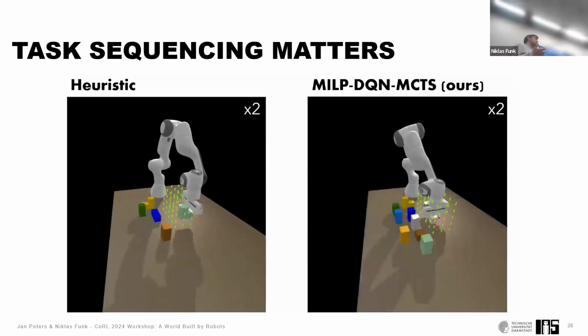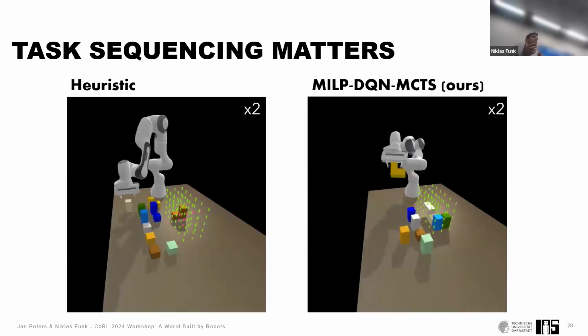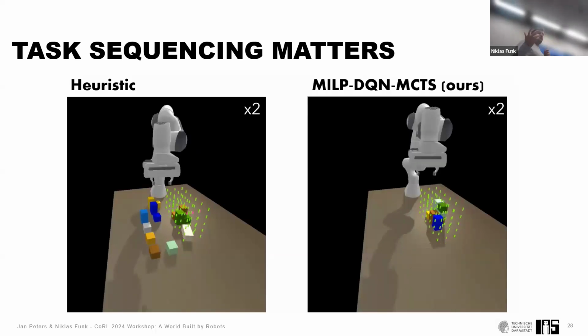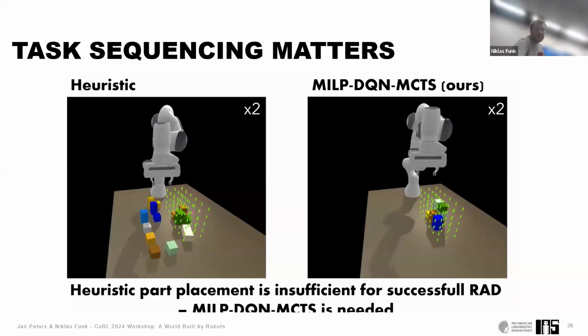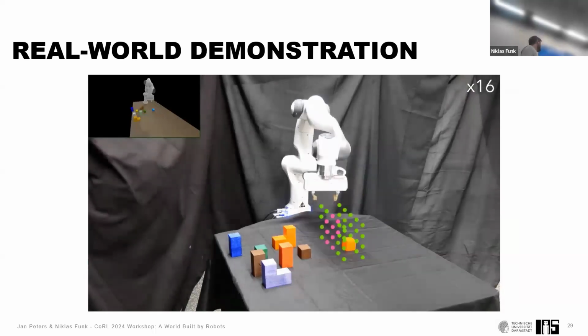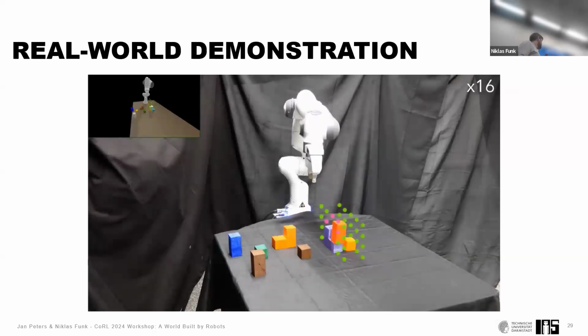So we can use this learned Q function from the intermediate level to effectively do some model-based search on top, similar to the AlphaGo papers, to again increase robustness and performance of the overall approach. And last but not least, we can of course also evaluate and run this pipeline on the real robot.